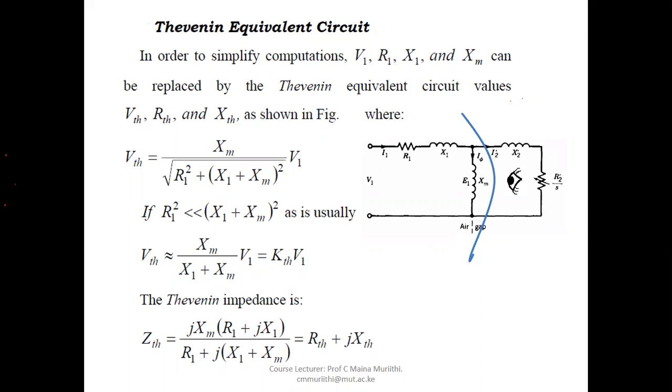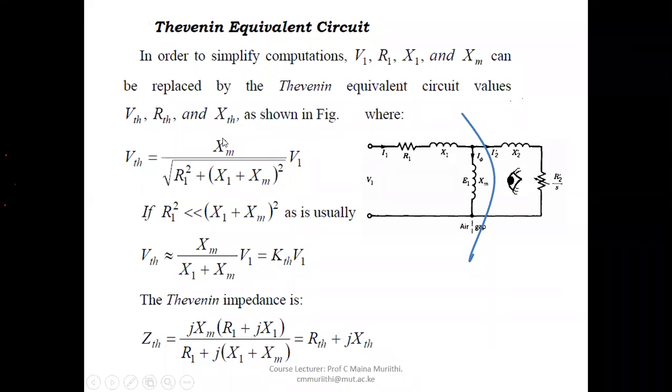So we want to, for example, Thevenize the stator side. So we view from the rotor side. If we view from the rotor side, the open circuit voltage can be given by Xm over this times V1.